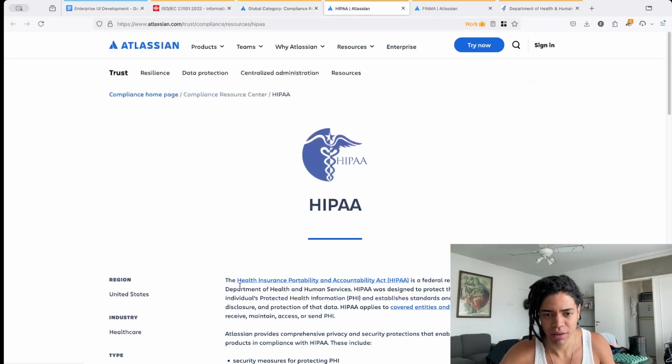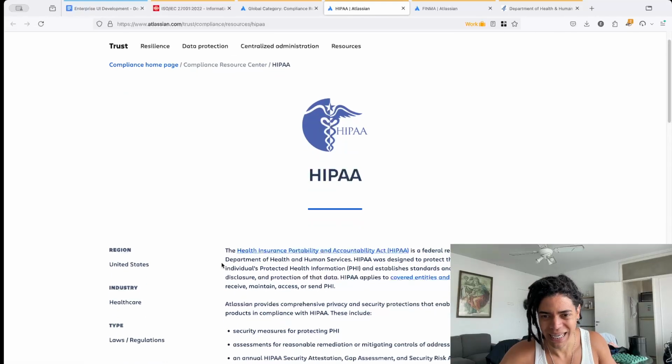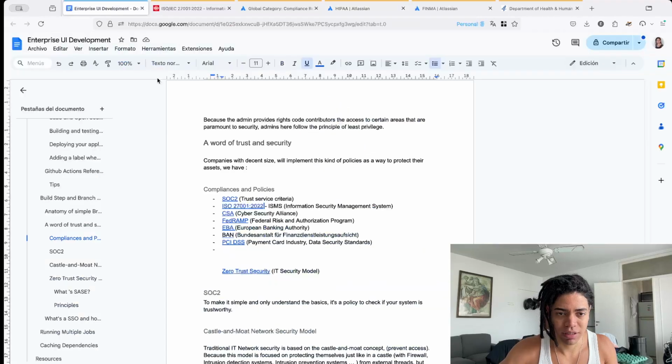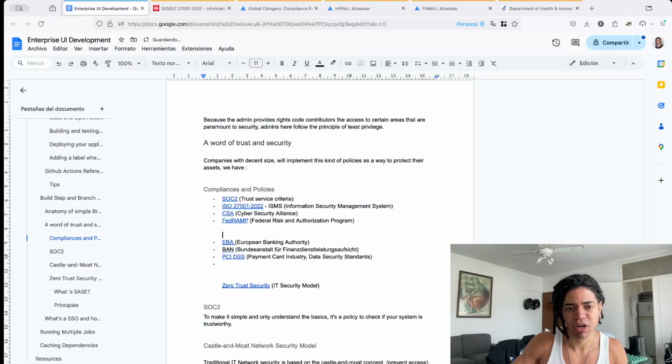So HIPAA, Health Insurance Portability and Accountability Act. Let me describe the one that is most relevant here, not the most important, but the most relevant.